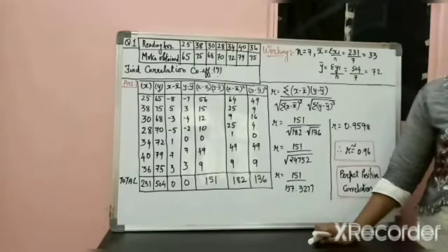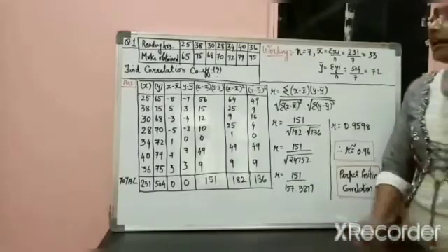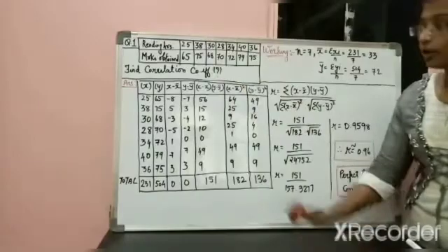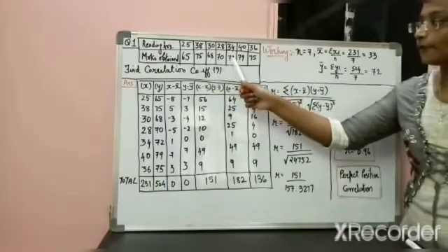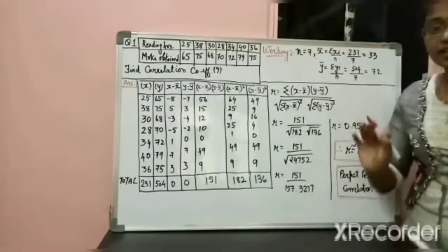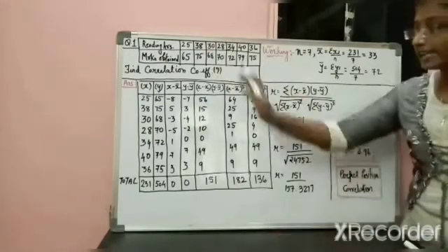So we are having the data of the 7 candidates whose last 3 days reading hours has been given to you. So see here, 1, 2, 3, 4, 5, 6, 7, like this 7 candidates, and the last 3 days hours of reading has been written.